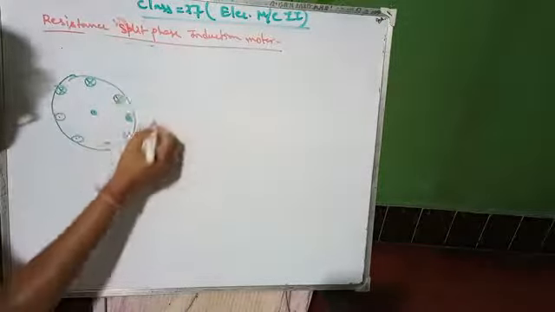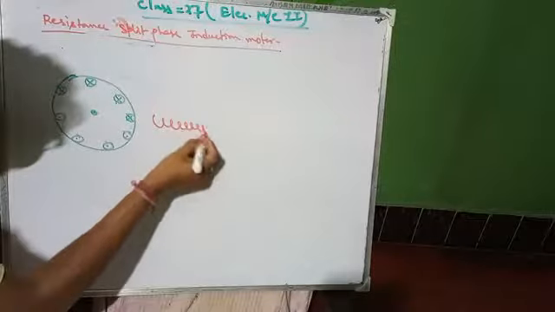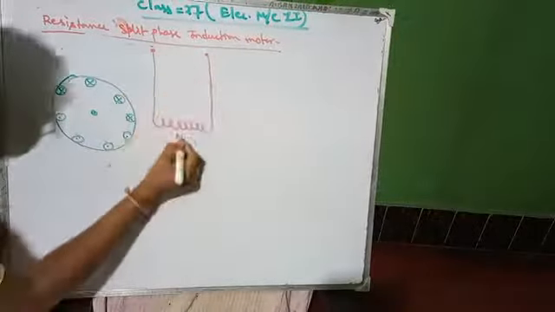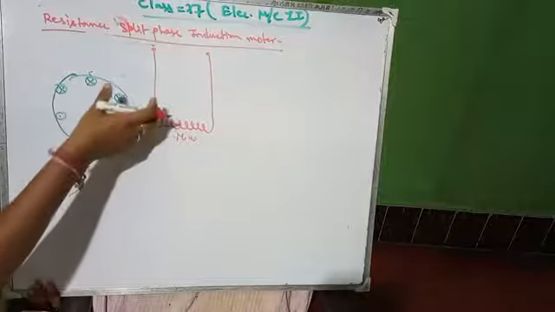Okay, this is the main winding. Only one winding, but the rotor could not start, right, because of the pulsating torque induced inside the rotor.